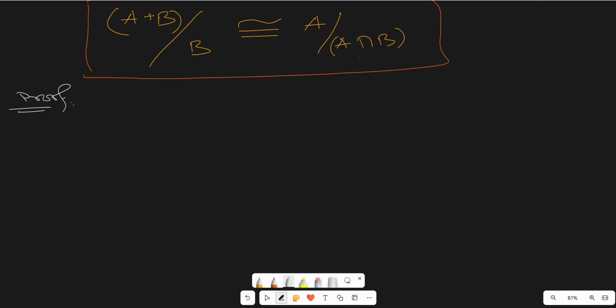So let's define a map from A to A plus B quotiented by B. How do we define the map? F of a goes to a plus B. Is this map well defined? You can check, at least you can check.